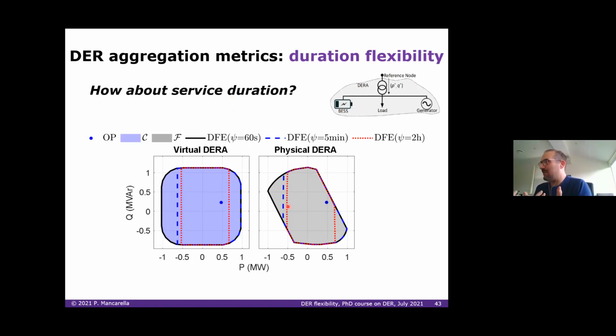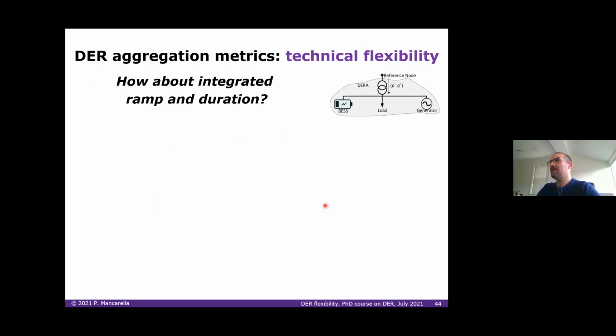So with a given energy value, how much I can provide in terms of flexibility and how long I can stay at the new operating point depends on both the energy amount and the capacity I am providing. Again, I have this kind of DFE, which is now the duration flexibility envelope.